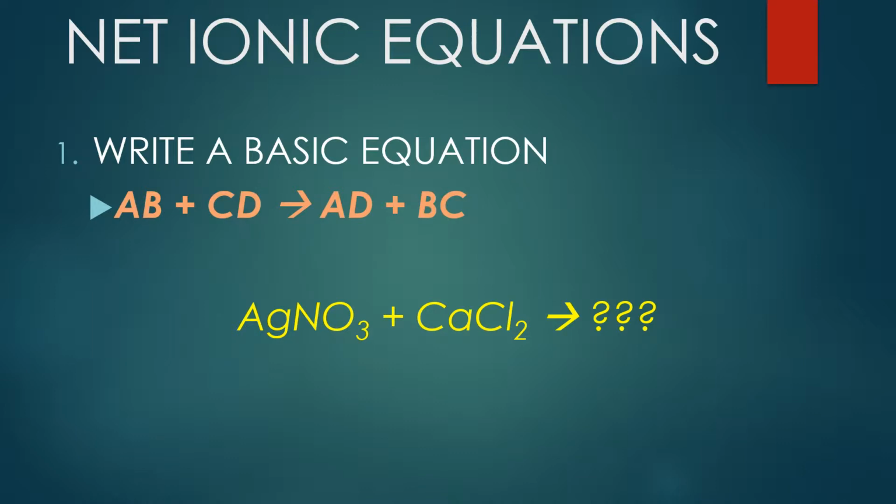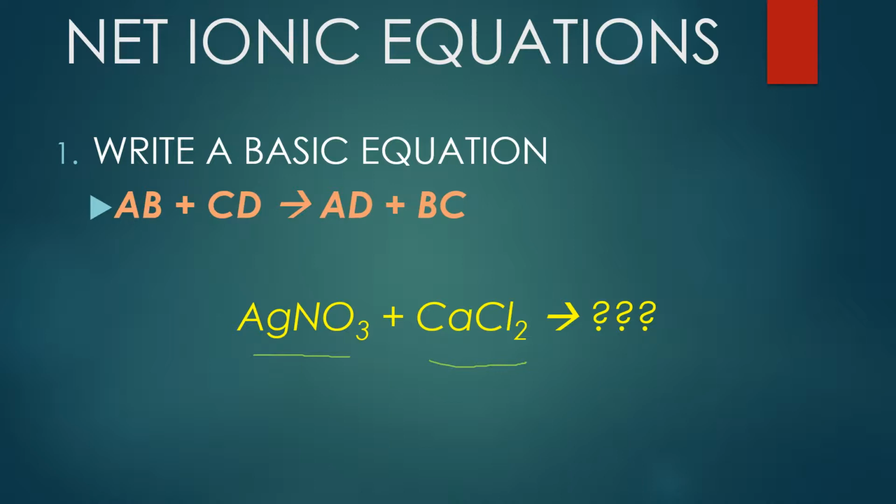First, you're going to write the basic equation, in the formula of AB plus CD yields AD plus BC. As you can see right here, we have the start of an equation: AgNO3 plus CaCl2, and then yields what? We don't know.